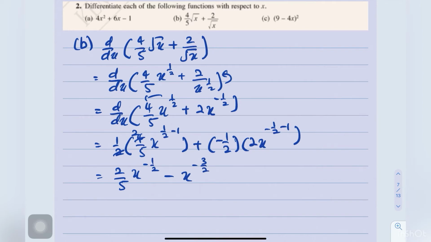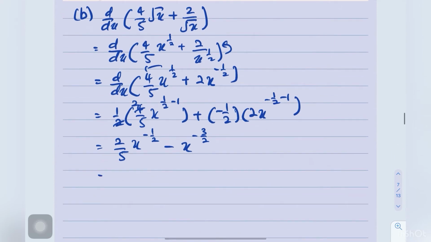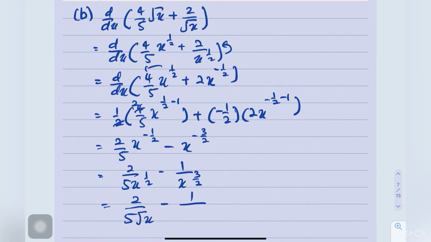Then you simplify. We get 2 over 5x to the power of half minus 1 over x to the power of 3 over 2, or 2 over 5 square root x minus 1 over square root x to the power of 3.